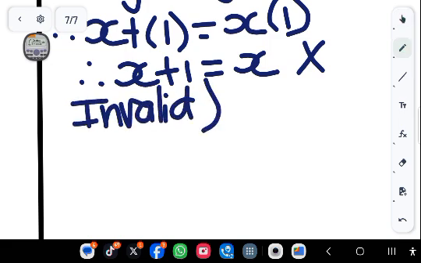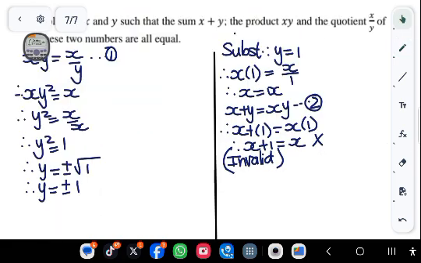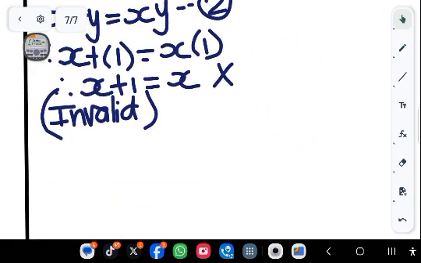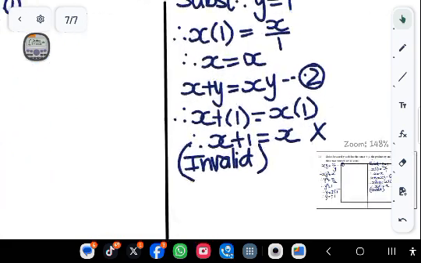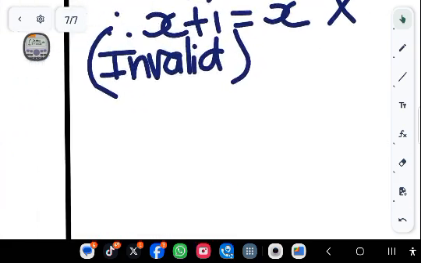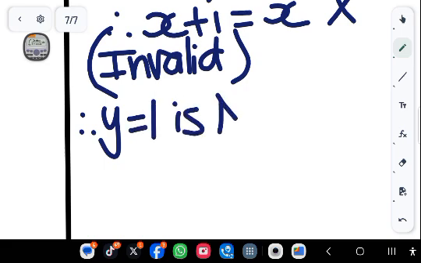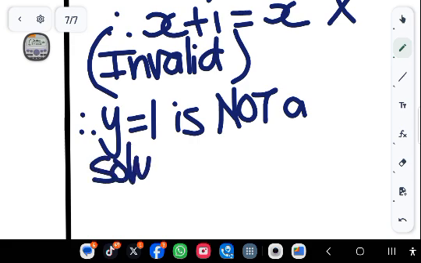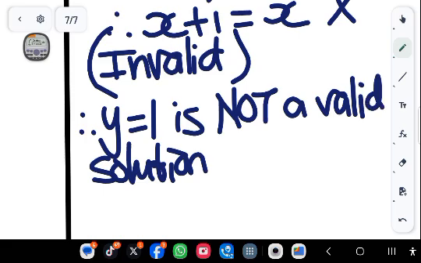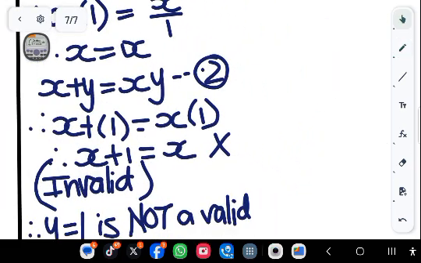It's not possible. So therefore y equals 1 falls off. y equals 1 is not a valid solution. Okay, let's check the other one.